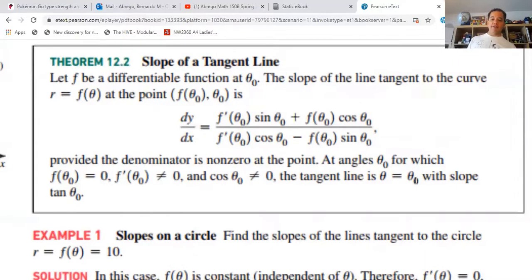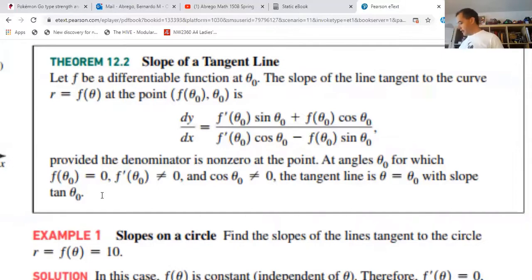It even says that when you go through the origin, it becomes tangent of theta 0. All right, so let's work on a couple of examples, starting from the first one.